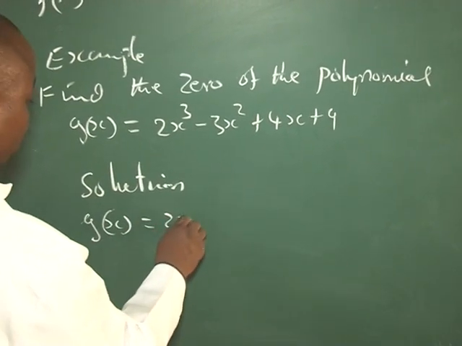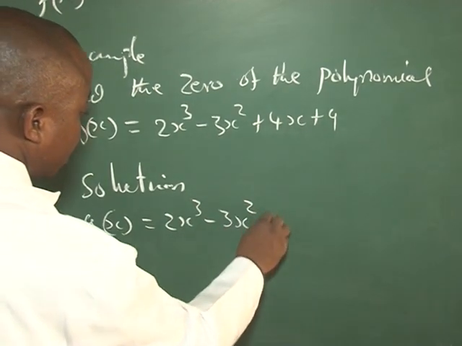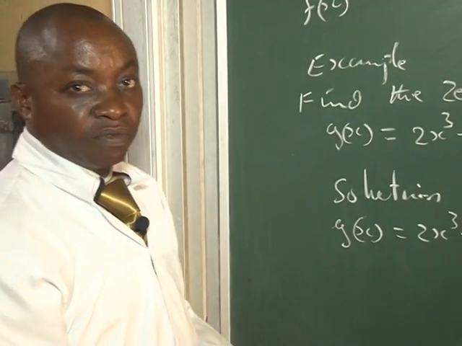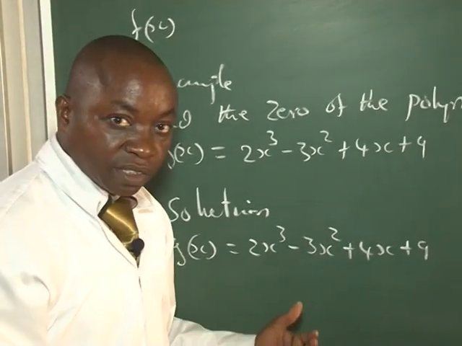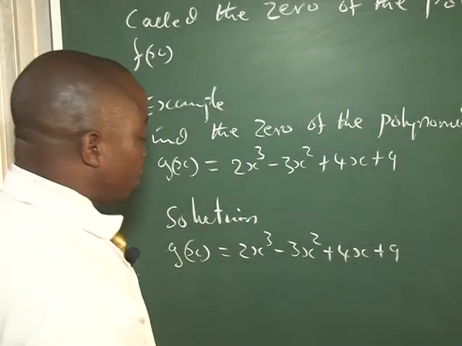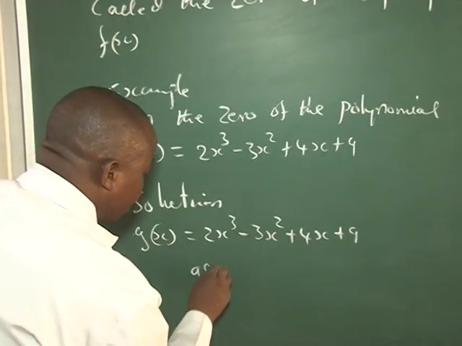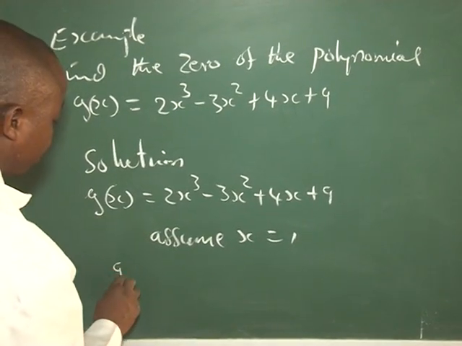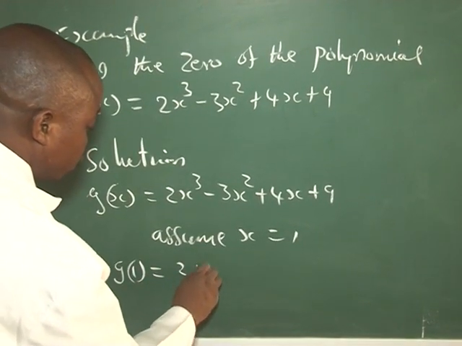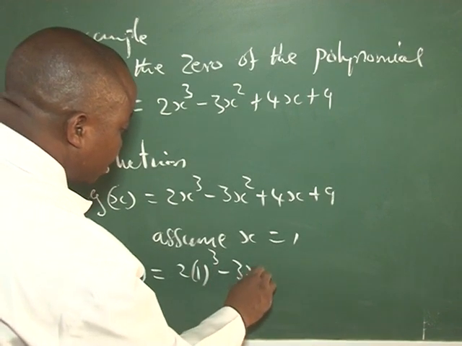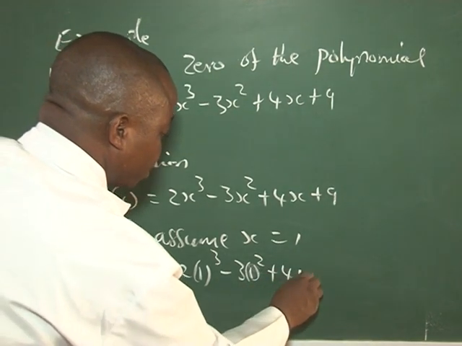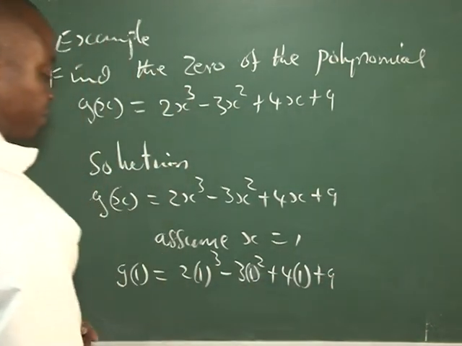Now we are going to assume values of x for which g of x will be equal to 0. Assume x equals 1. I will have g of 1 equal to 2 times 1 cubed minus 3 times 1 squared plus 4 times 1 plus 9.